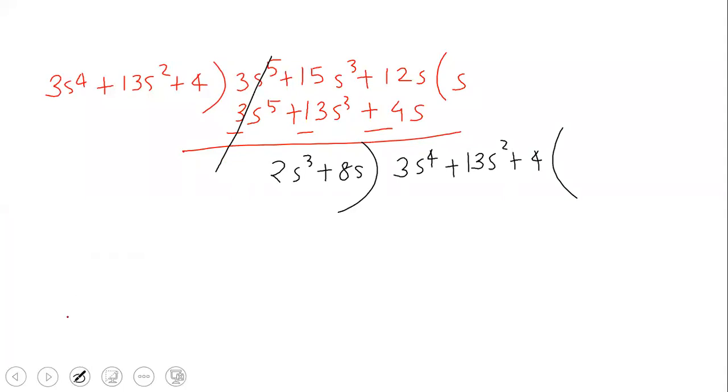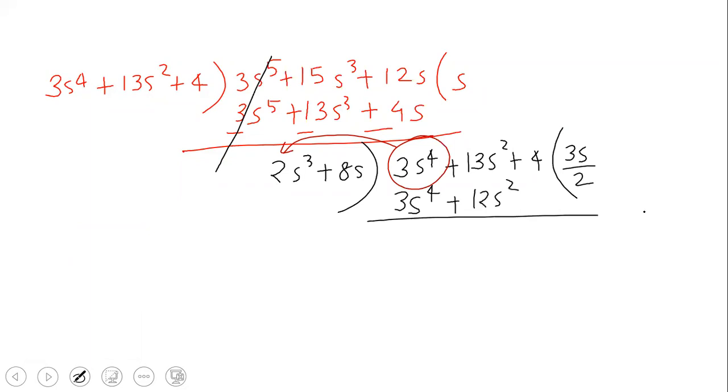Again, we pick up the first quotient and divide it by this. So you should be able to get 3S by 2. That should give you 3S raised to 4 plus 8. This will go 2, 4 3S are 12S square. And this should give you minus. This will be cancelled. You will be left with S square plus 4. And this you will start with 2S cube plus 8S.